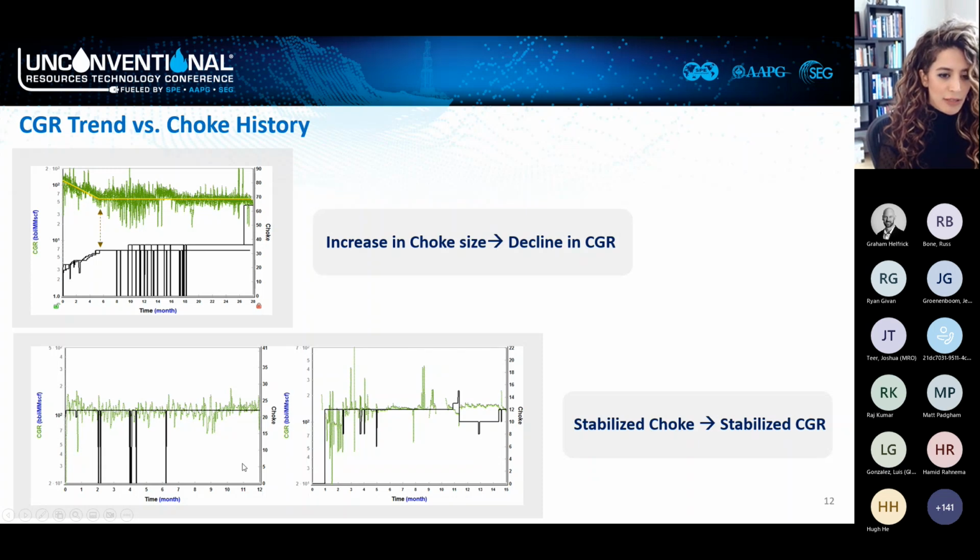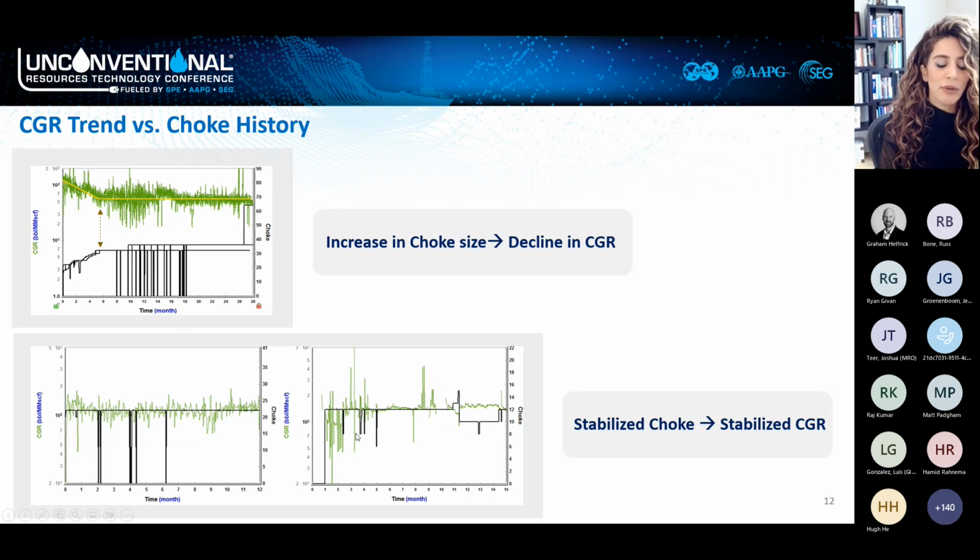However, for these 2 wells at the bottom, I'm going to show you how a constant and stabilized choke will result in a constant CGR at CGRI for as long as the well is operating above its dew point.